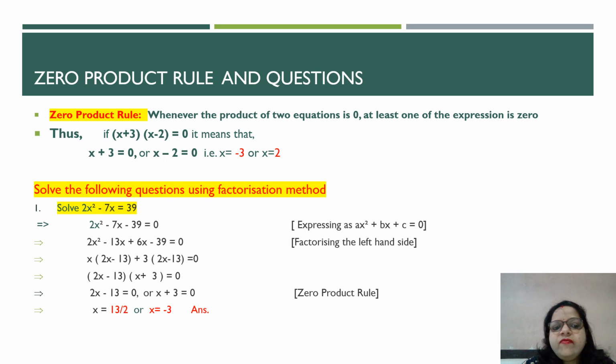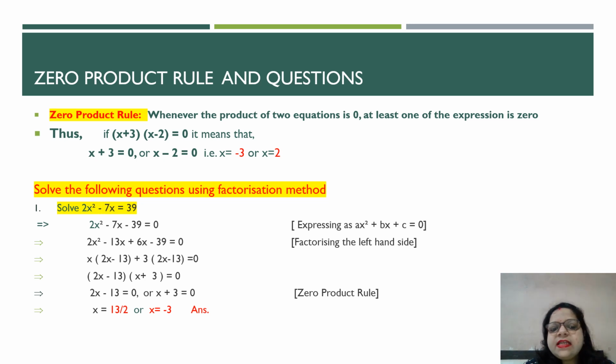Okay. Now we will solve it. Then we will take x as common. Then we will get 2x minus 13 on one side plus 3 into 2x minus 13 is equal to 0. We will form a bracket for x plus 3 multiplied by the second bracket, which will contain 2x minus 13. Okay.